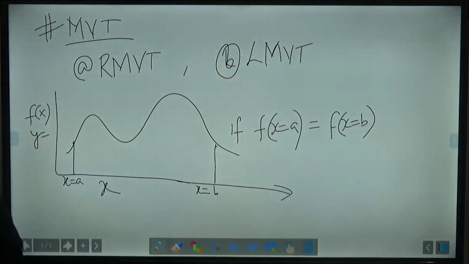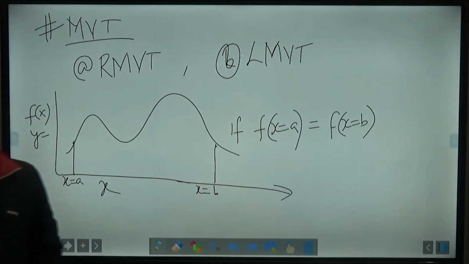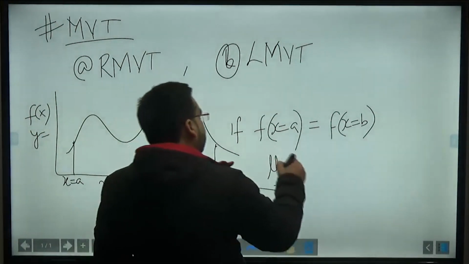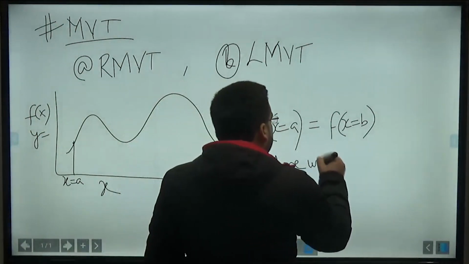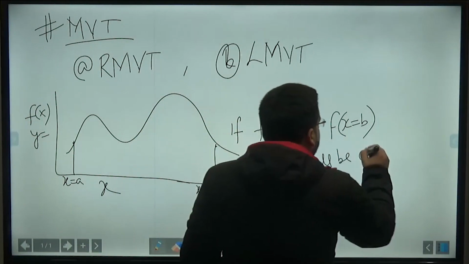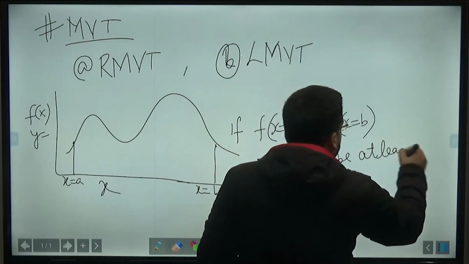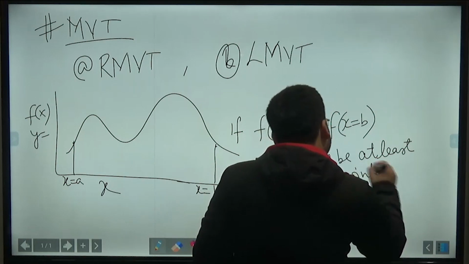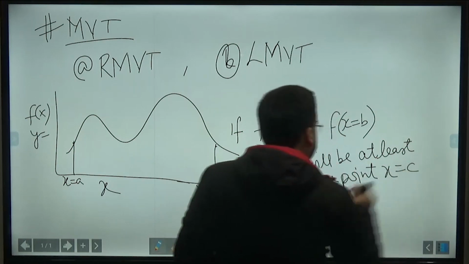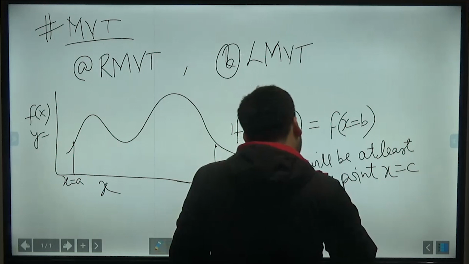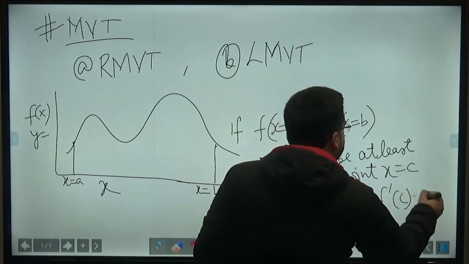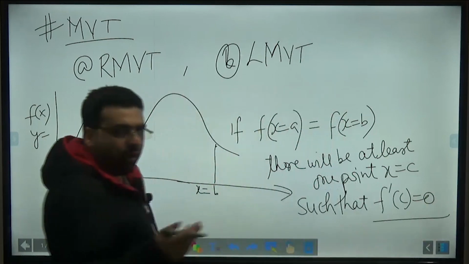If this is the case, then there will be at least one point, that is x is equal to c, such that f dash at c is equal to 0.